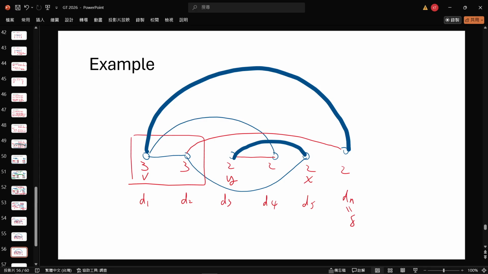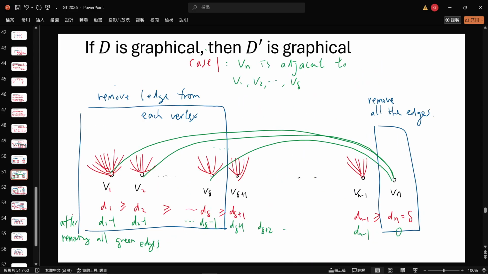Vn is adjacent to exactly all the vertices in the red box, that is V1 up to V delta. Okay, so that's basically the proof.